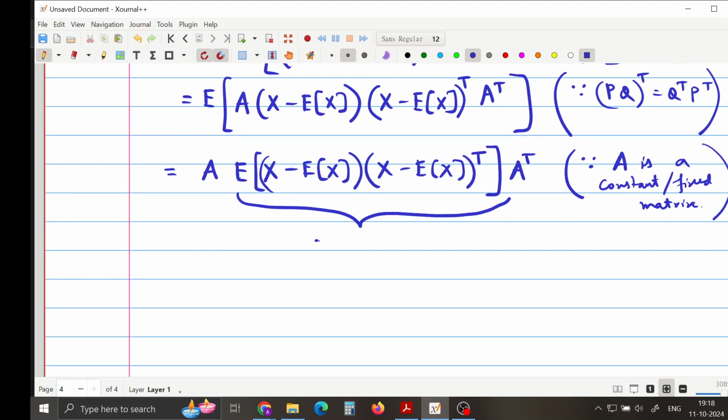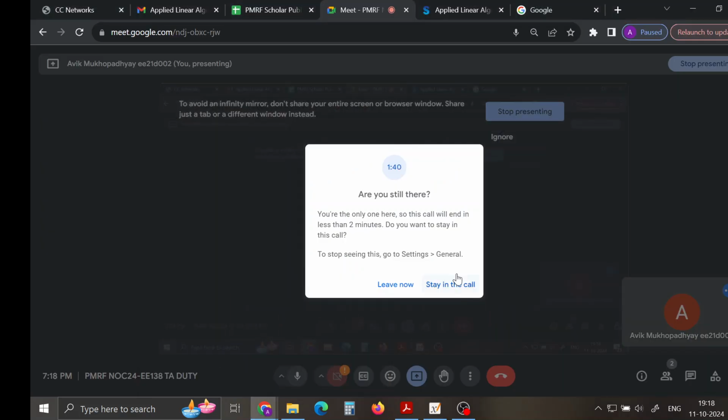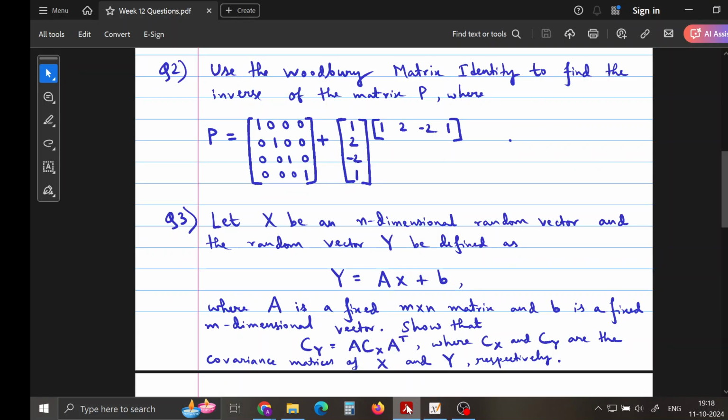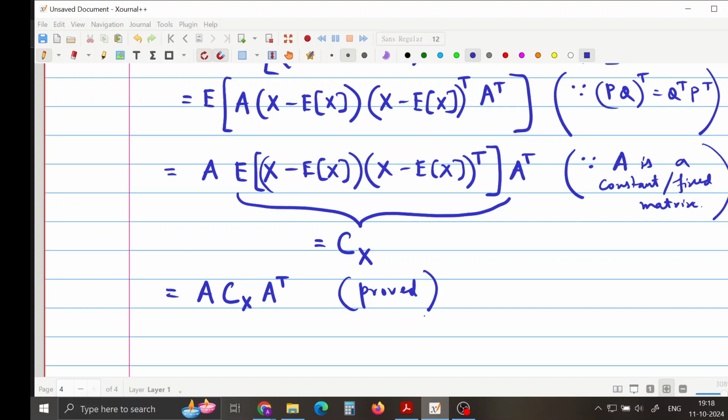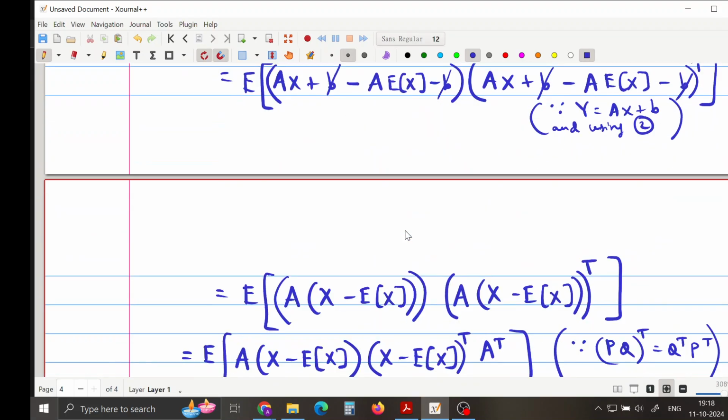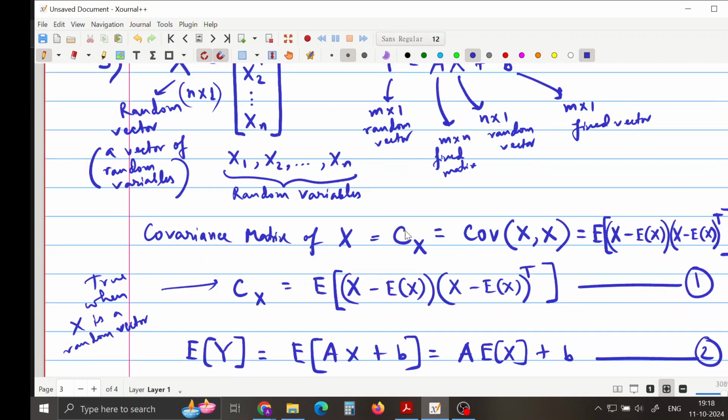So this is nothing but your Cx, covariance matrix of X. So this is nothing but your A times Cx, A transpose. Okay, this is exactly what we were asked to prove.